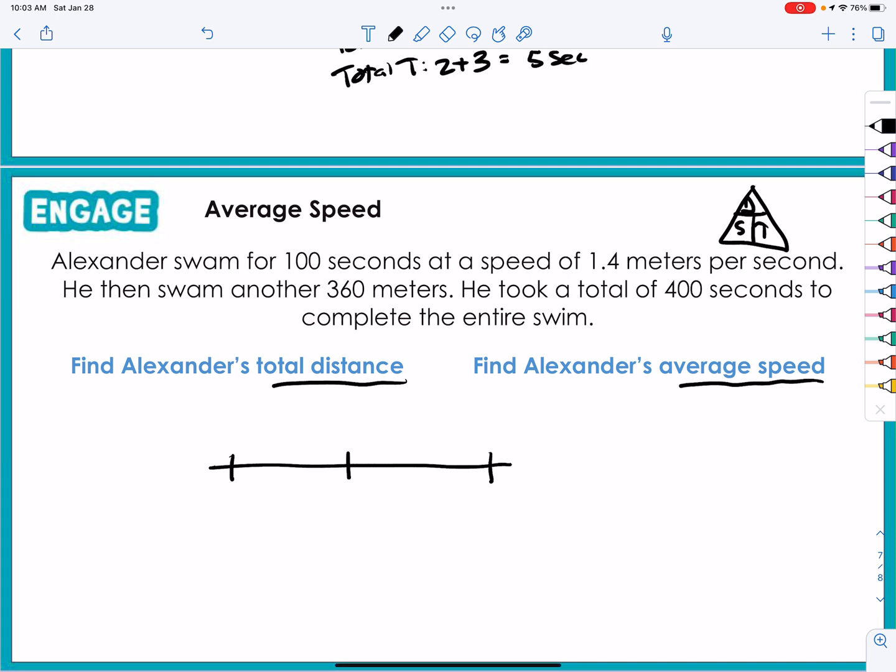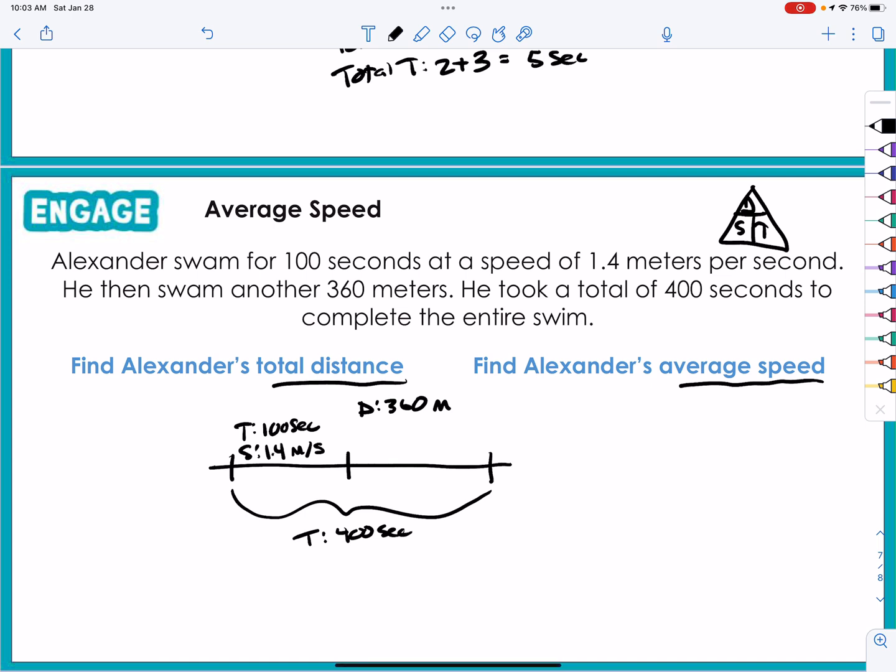We know this first part, his time was 100 seconds, and his speed was 1.4 meters per second. He then swam another 360 meters. Ooh, that's a unit of distance. 360 meters. And took a total of 400 seconds to complete the entire swim. So our total time here is 400 seconds.